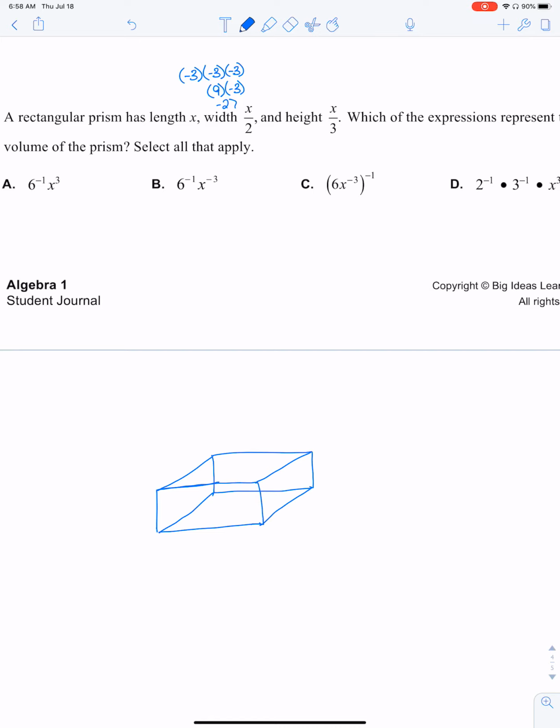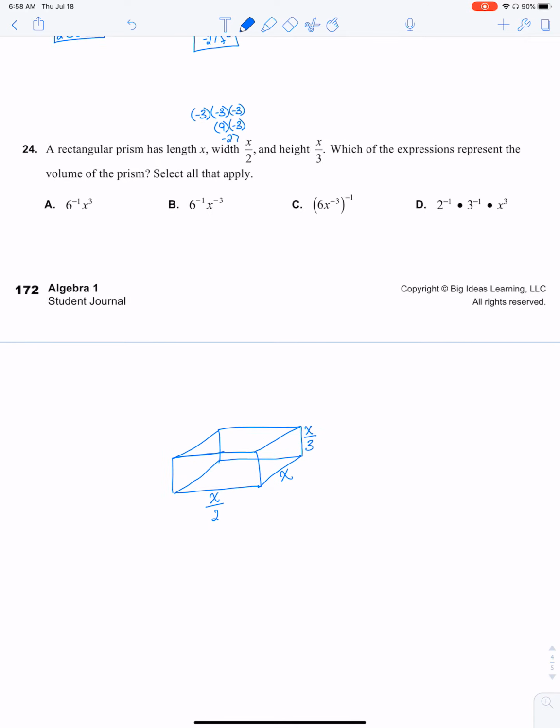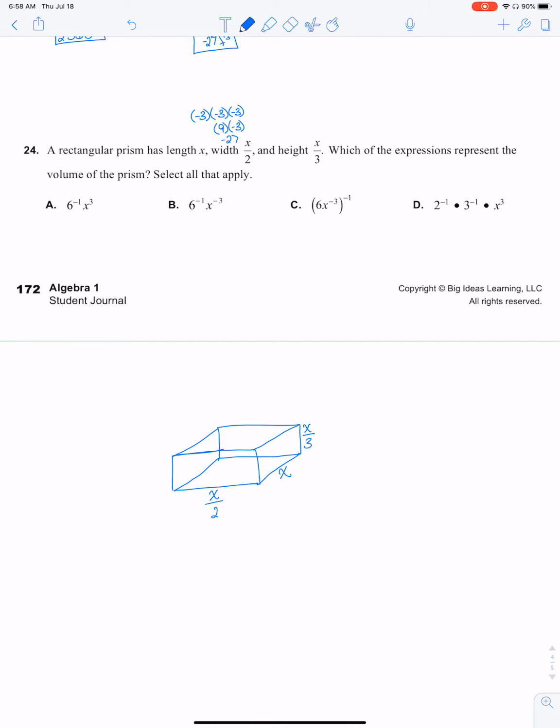Okay, my rectangular prism has a length of x, a width of x over 2, and a height of x over 3. And they're asking us to find an expression that represents the volume of the prism.